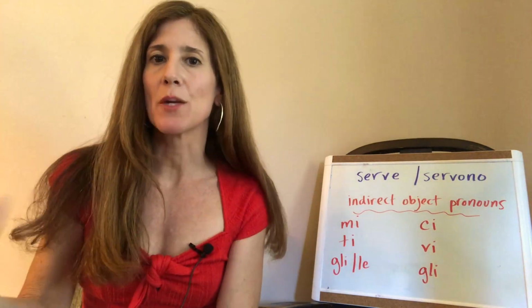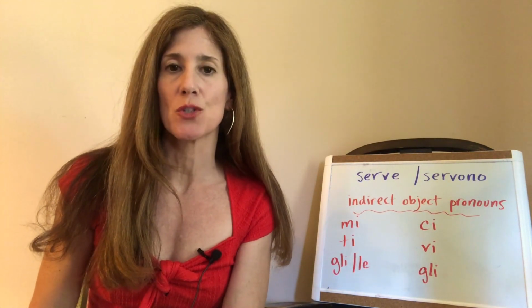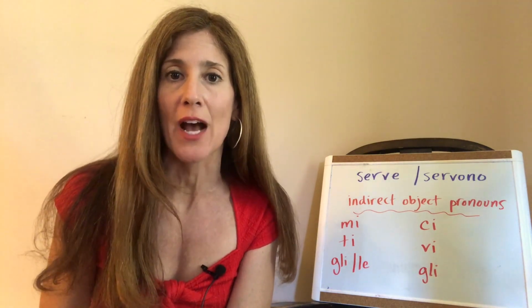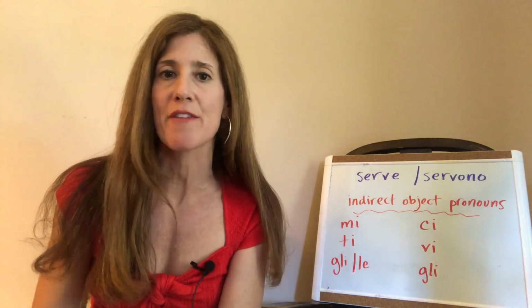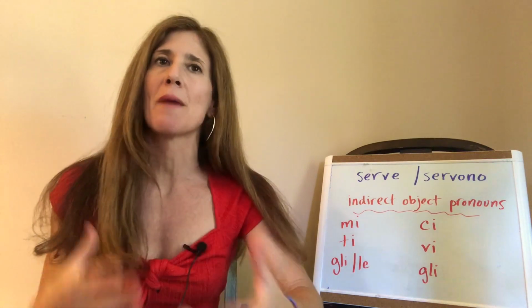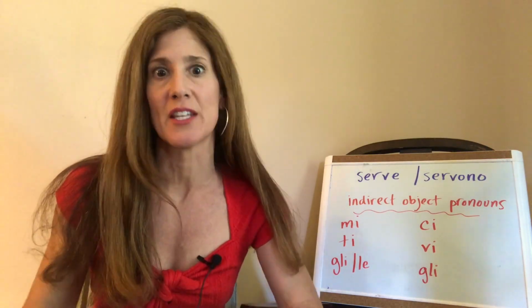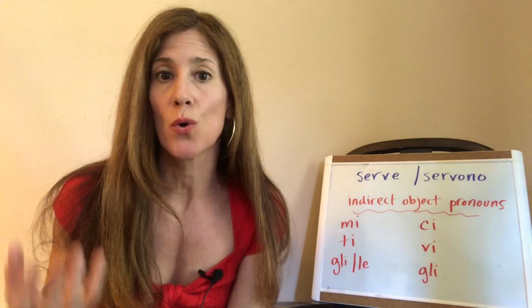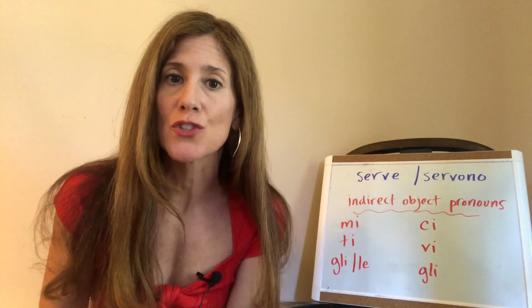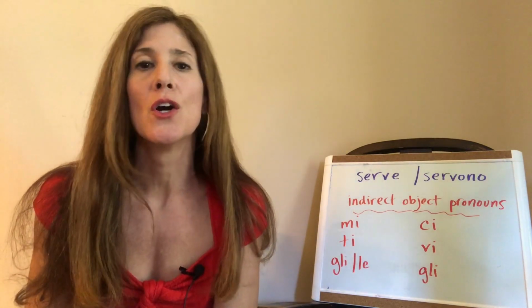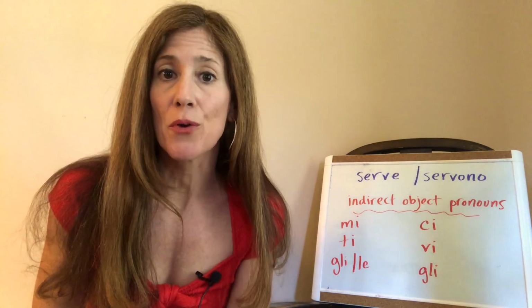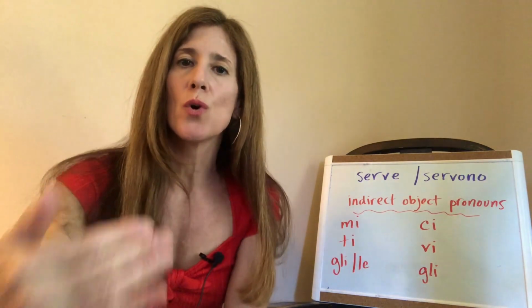So the way to put this all together is that you're going to put an indirect object pronoun in front of either serve or servono, talking about whoever it is needs this thing. And if you don't know what these indirect object pronouns are, I wrote them right here. So an indirect object pronoun refers to whom.